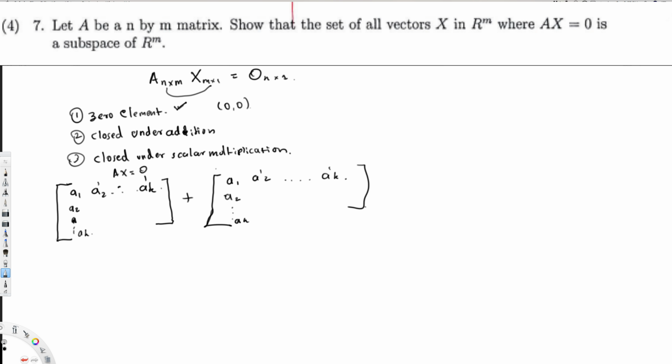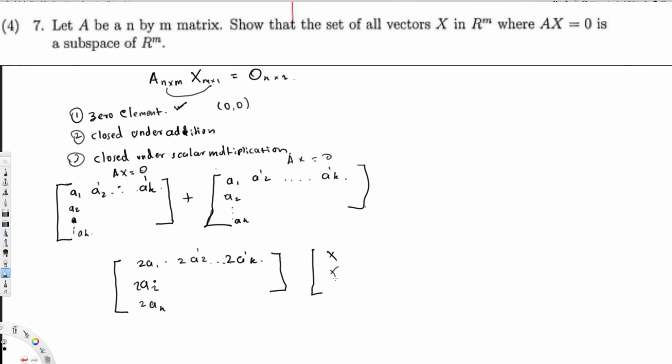So in this case, if this is true, then this is also Ax, the same thing. If I add both of them, I will get 2a1, 2a prime 2, 2a prime k, and 2a2 until 2ak.